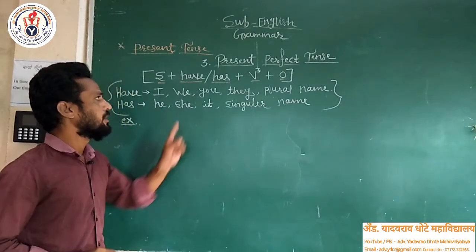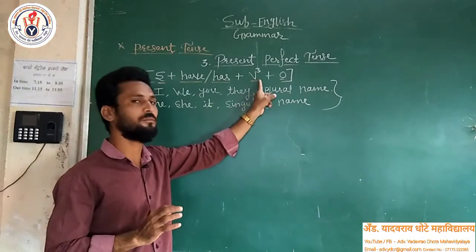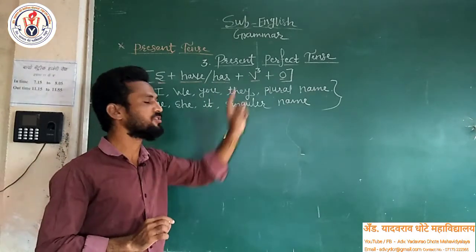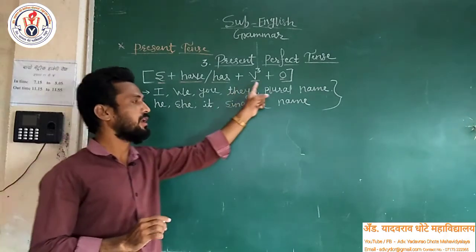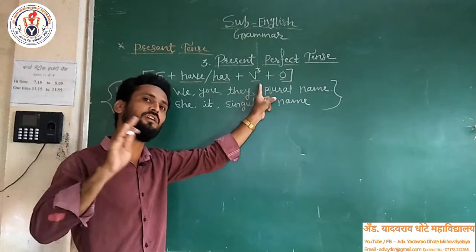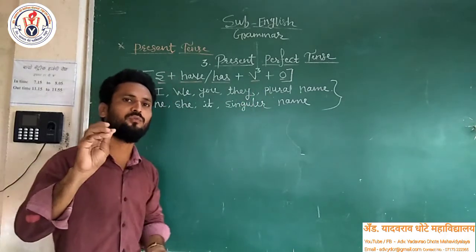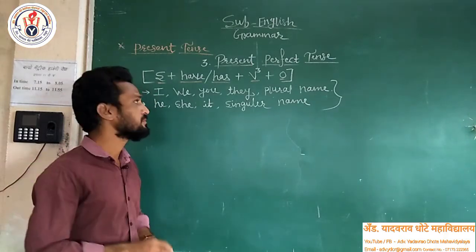So here, students, subject and to be we have discussed. Now the third one, verb 3. Verb 3 is called the past participle form of the verb. In the previous standard, you studied the 5 forms of the verb.